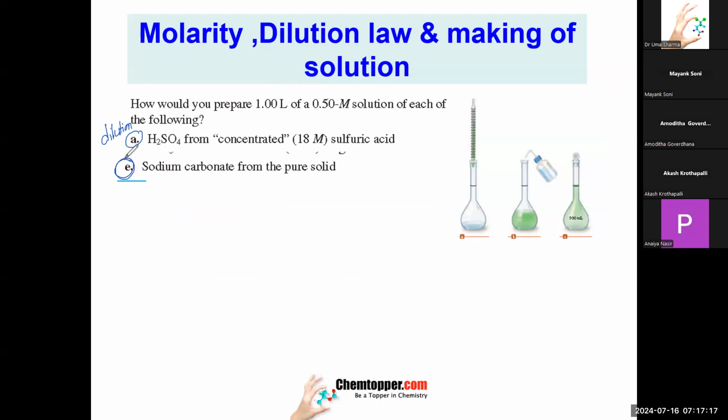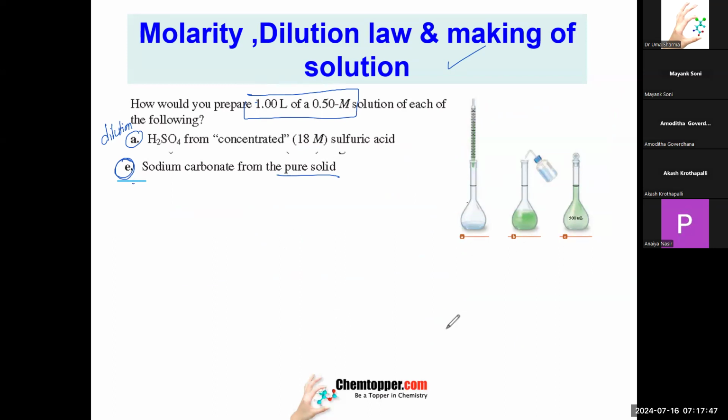What about this? You want to make this solution. Very popular questions, making of standard solutions. They have given you a solid. So you're going to dissolve this solid in 1 liter.